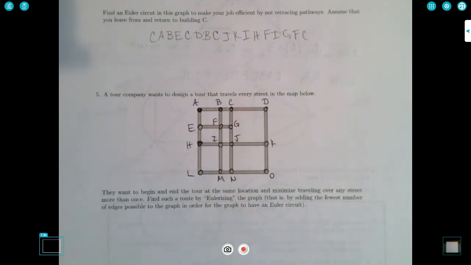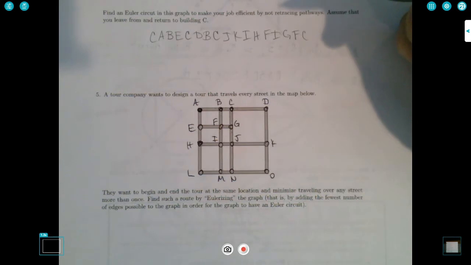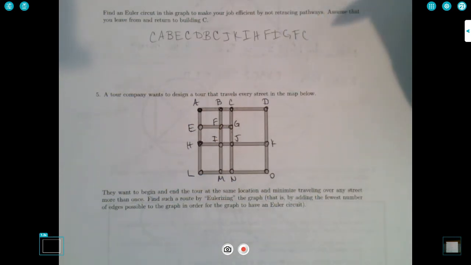How do we do that? Well, every odd vertex, we're going to add an edge to it so that it becomes an even vertex.